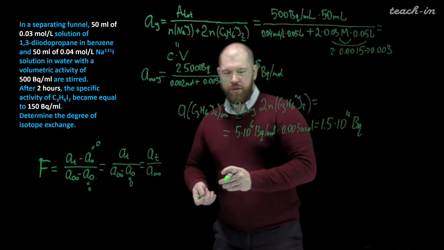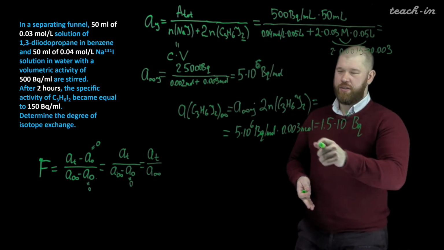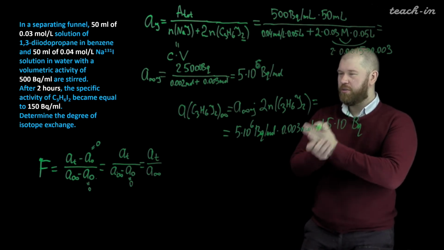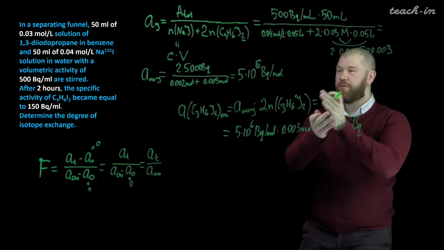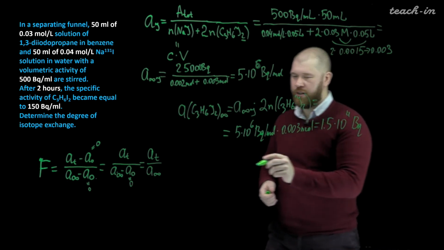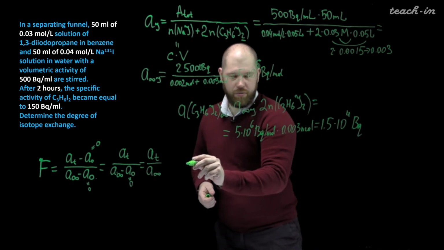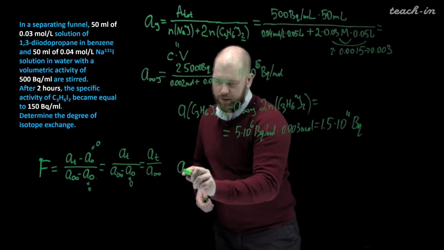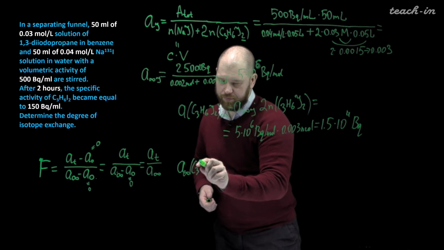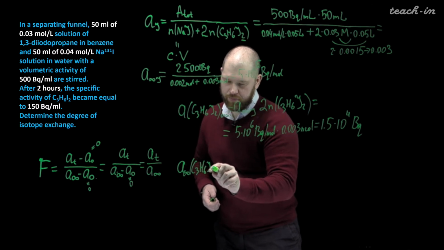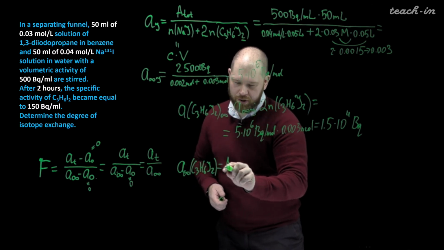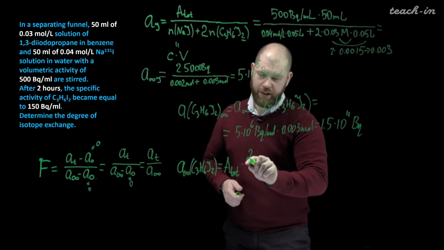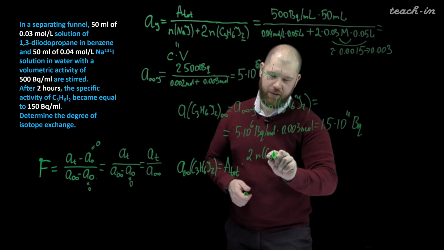If I would like to calculate this value of the activity of my compound at the equilibrium using the fraction, I can do it like this. So it is again activity. It will be total activity, and then it will be a fraction of my iodine atoms.